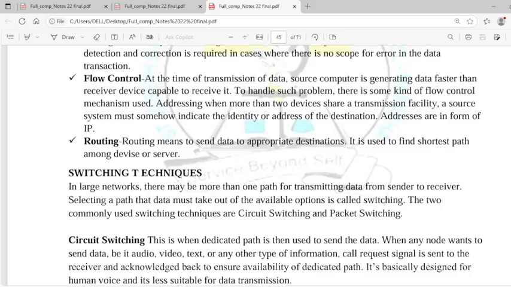Then addressing: when two or more devices share a transmission facility, a source system indicates the identity and the address of the destination. Let's say you want to send something from your phone to another person by email. There are very many people who have emails, but your message will have to move specifically from you to that other person. Or let's say you have a router and you want to send something from your network to another.